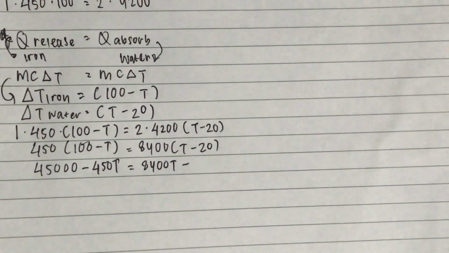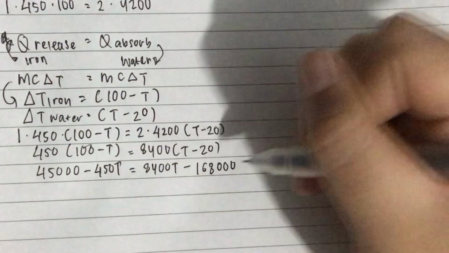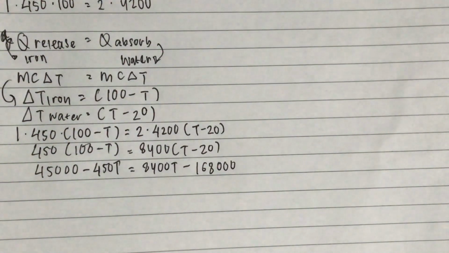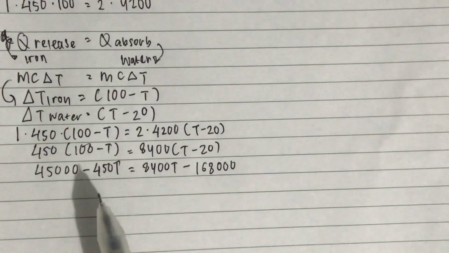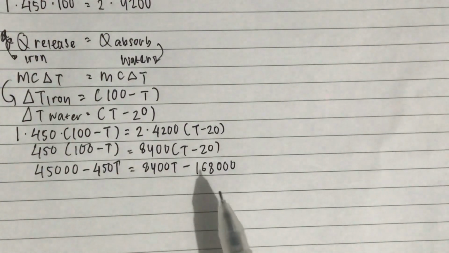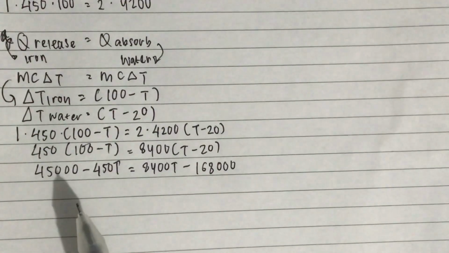8,000. 168,000. And then we move this minus 450T to the right section and move the 168,000 to the left section.